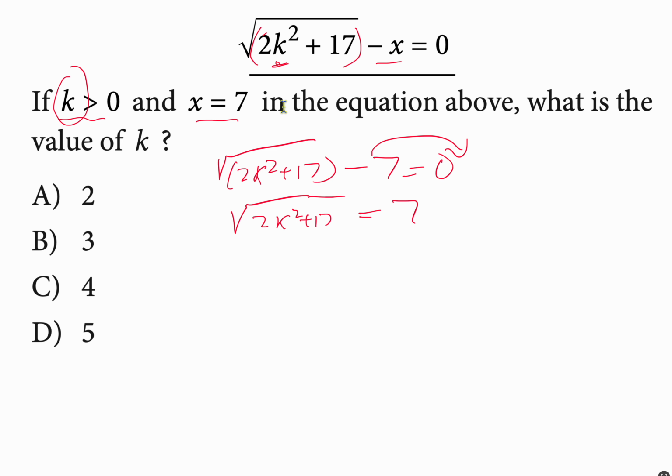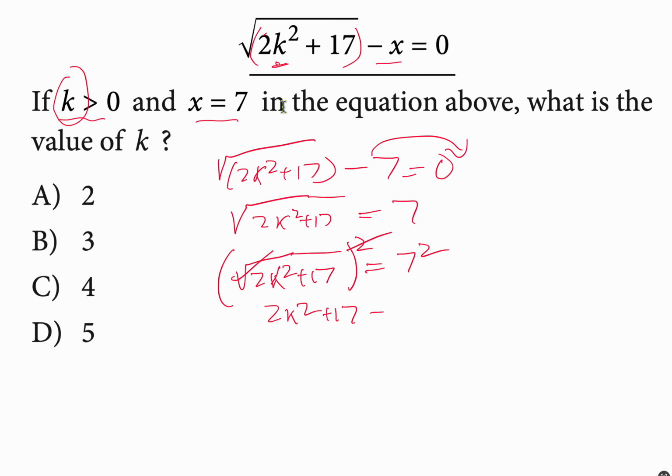So you do 2k squared plus 17, and since you put a square on the left side, you have to put a square on the right side, so 7 squared. So that's how you break the square root. The square root and square cancel out, so now you're down to 2k squared plus 17 equals 49, right?